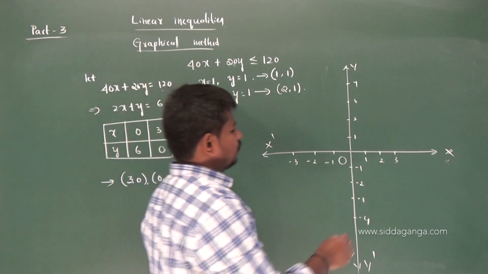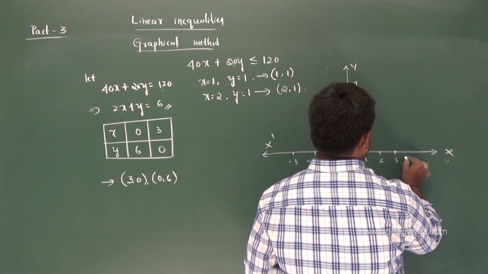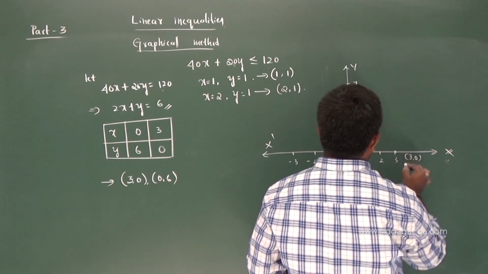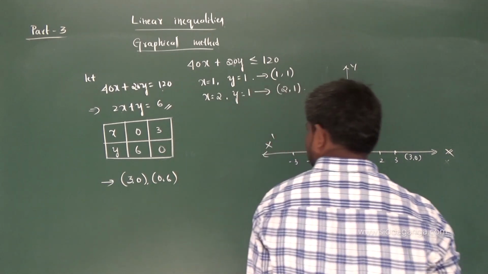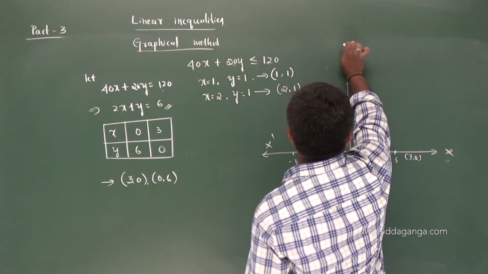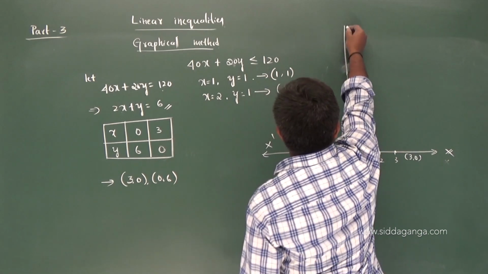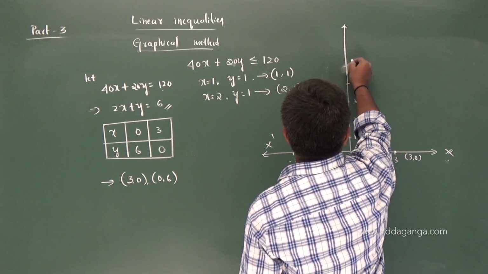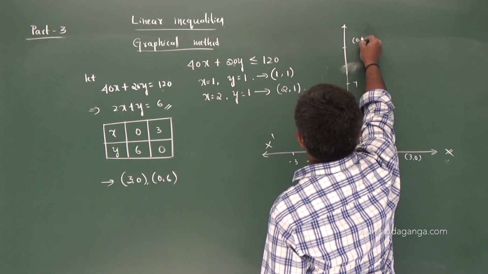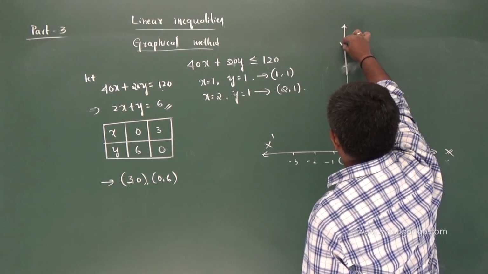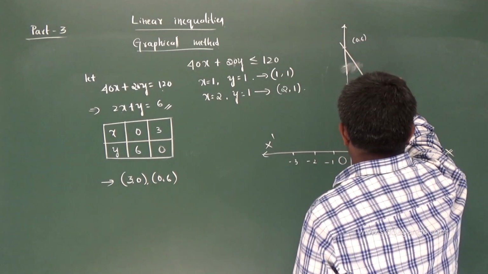3 comma 0, the unit is on the x axis, 3 comma 0 and 0 comma 6. So you get this, this is 0 comma 6.